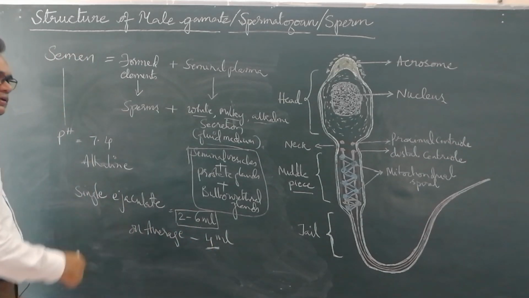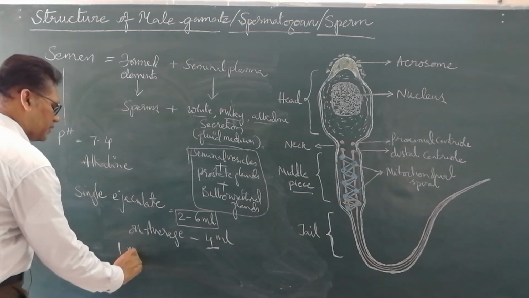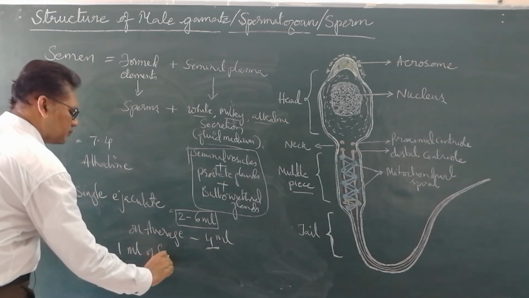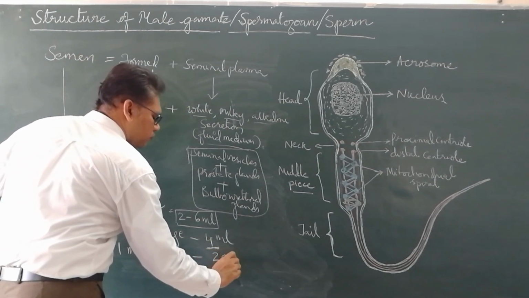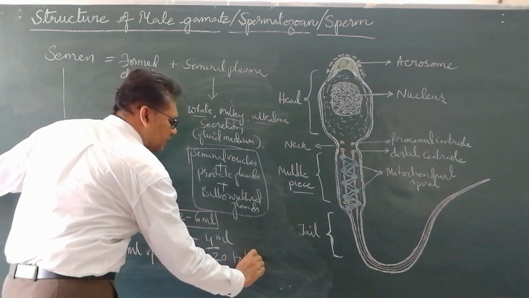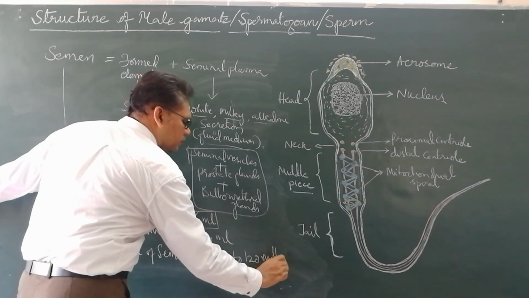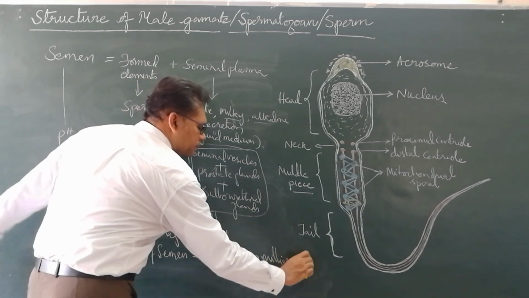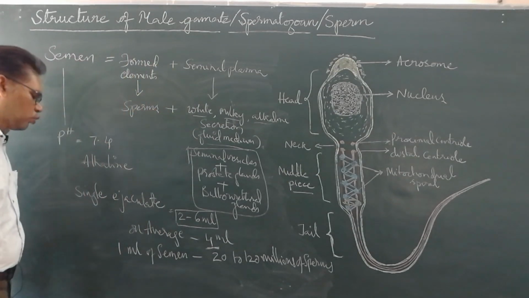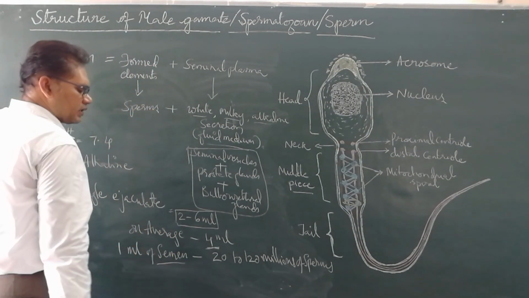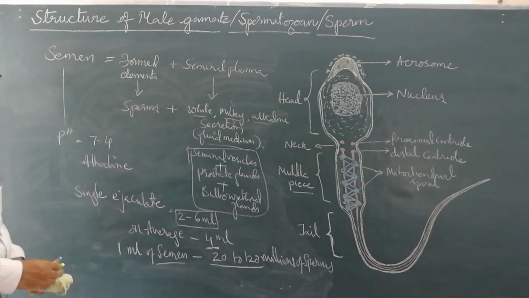Now, 1 ml of semen has 20 to 120 millions of sperms.